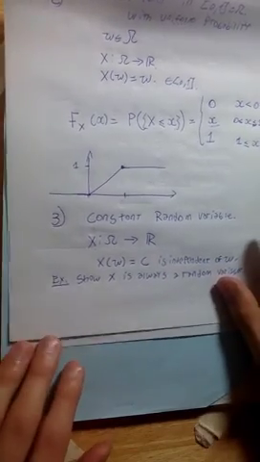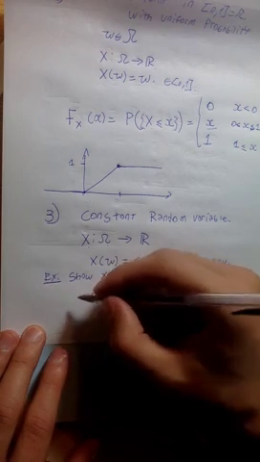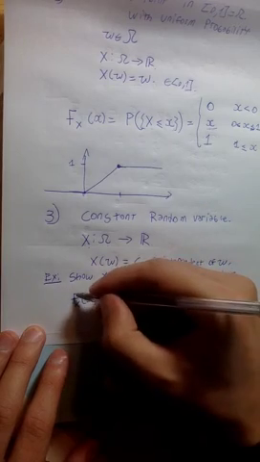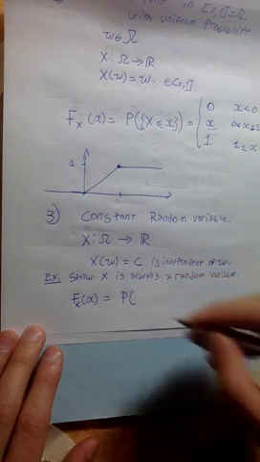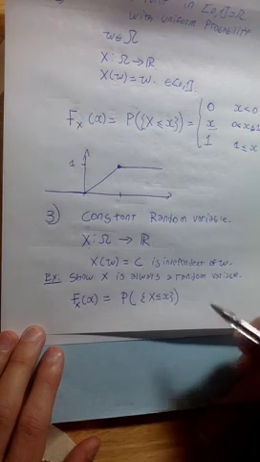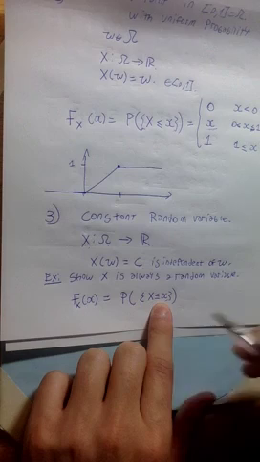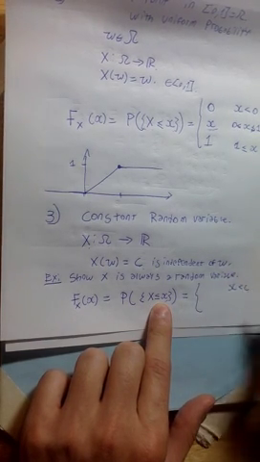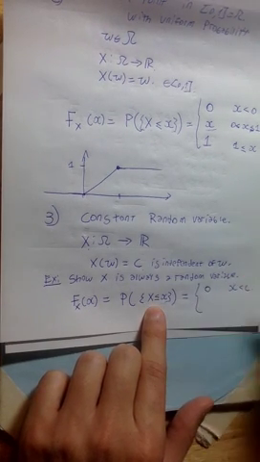For this random variable, we have that F of x, again the distribution function associated to X, is the probability that X is less or equal than x. And here we have two choices: either x is larger than c, or x is less than c. If x is less than c, then the probability is going to be 0.